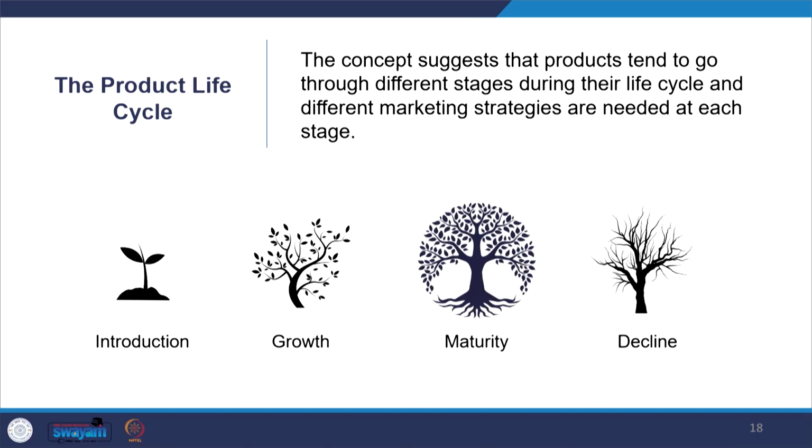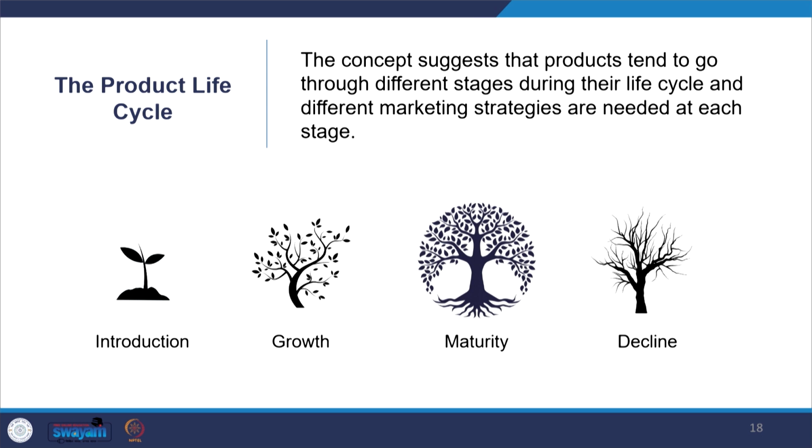The product life cycle concept was actually given by Levitt long back. A PLC is nothing but like an organism, which takes birth, then grows, matures, and then dies out. Same thing he said about the product life cycle: the product follows a similar kind of stage.